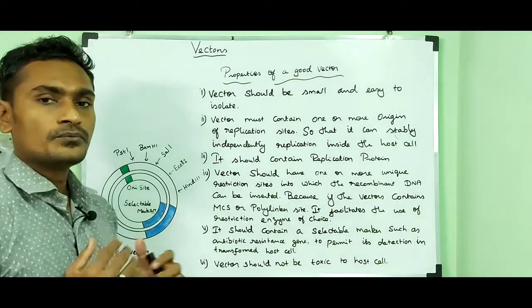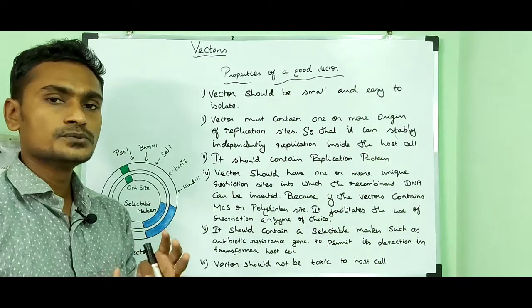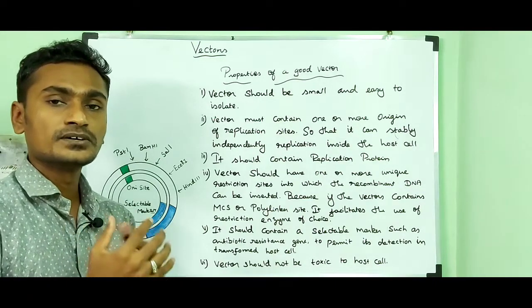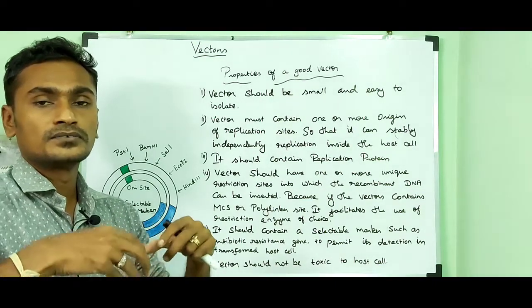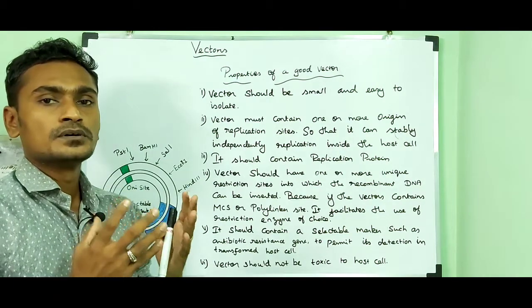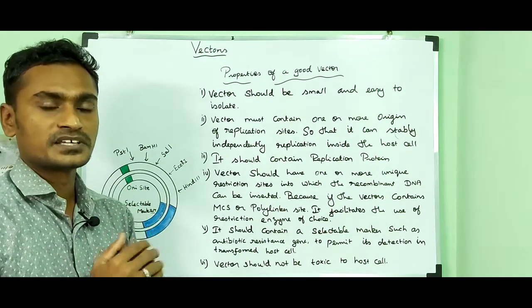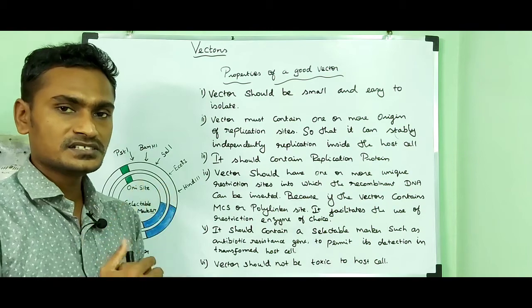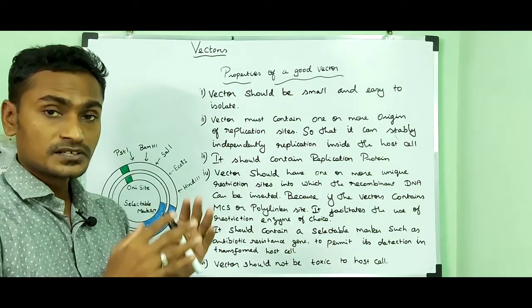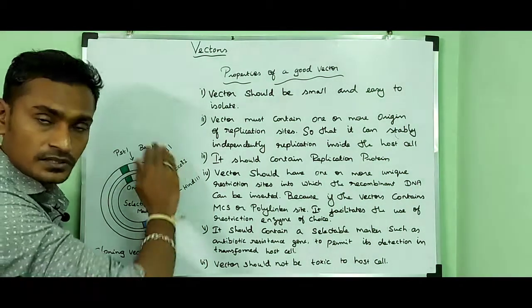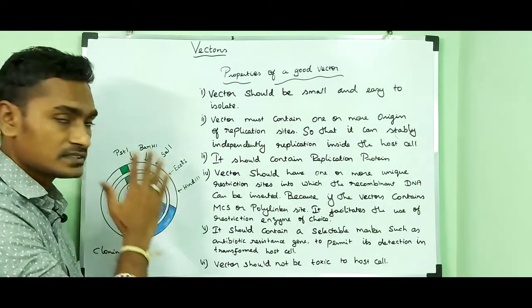So we are able to use any kind of restriction endonuclease of our own. We have many choices. We can use any kind of restriction endonuclease because of the presence of multiple cloning sites or polylinker sites.